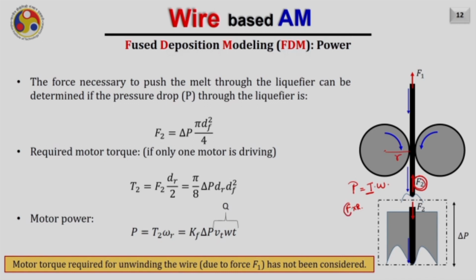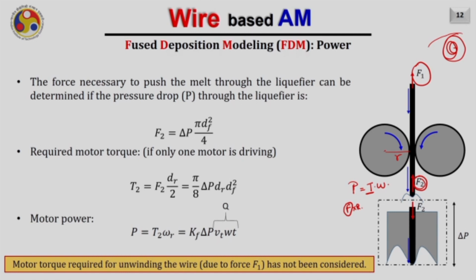Now to find this value of F, there are two forces required. One is to unwind the wire from the filament reel, and the other is the force required to push the wire into the liquefier. The force required to unwind the wire from the reel can be neglected because it may not be required to a very large extent, but the force required to push the wire into the liquefier will be quite high.